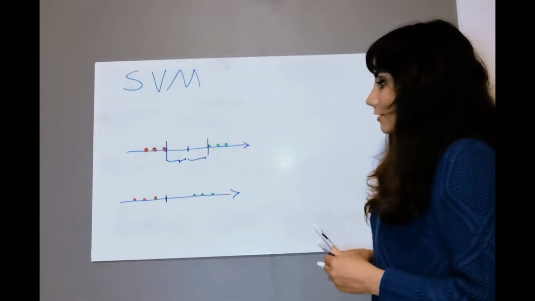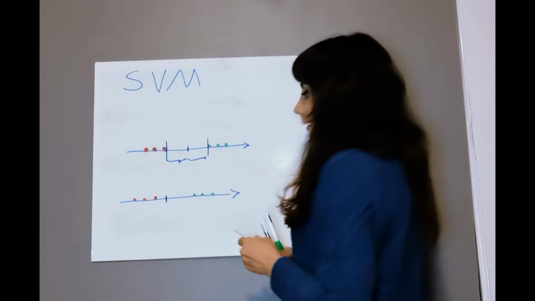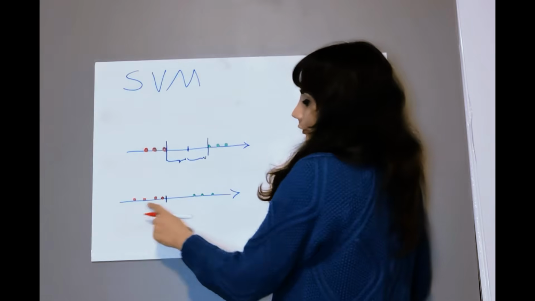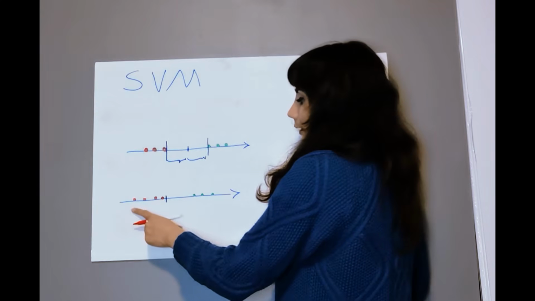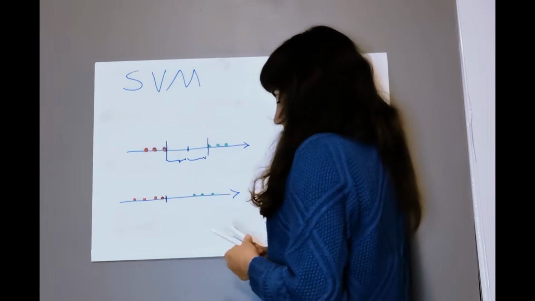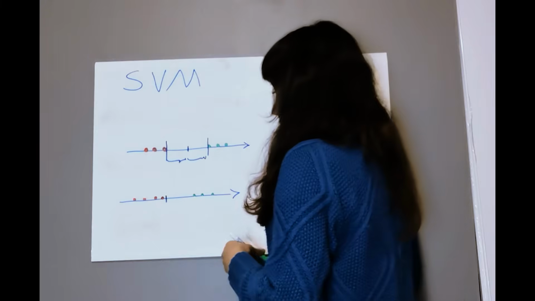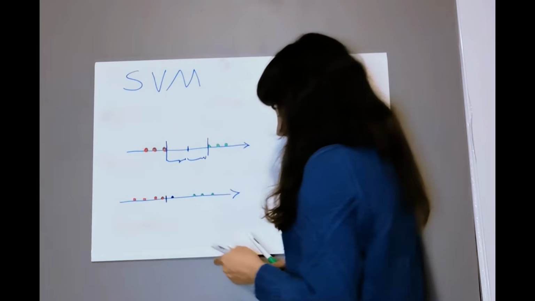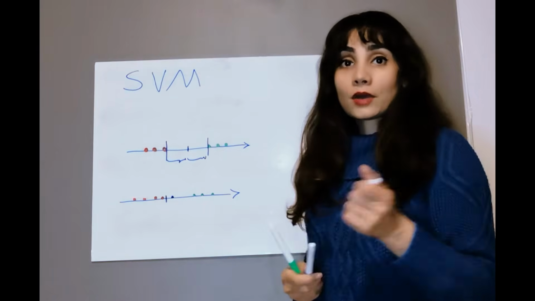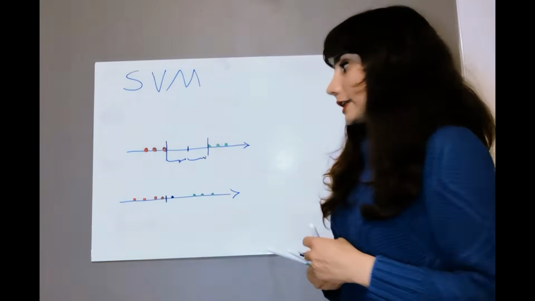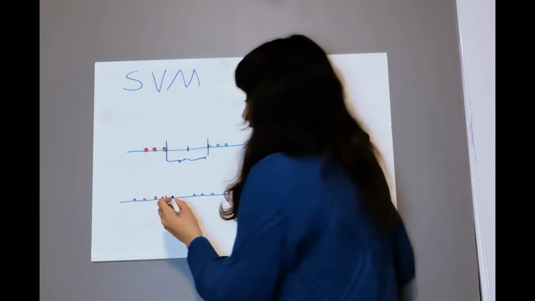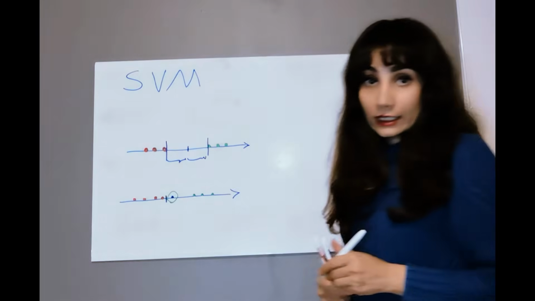So right now, if I have a red point here, it is fine. It is going to say, okay, this is a red point. But then, for example, if I have a point here, I don't know what this point is, okay? But my model is going to predict this as green.